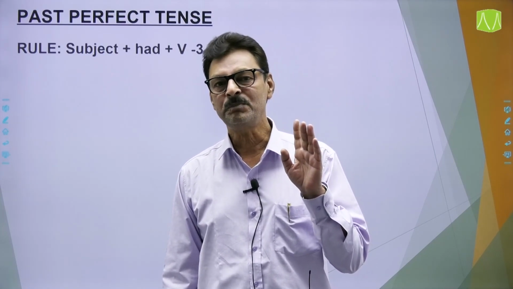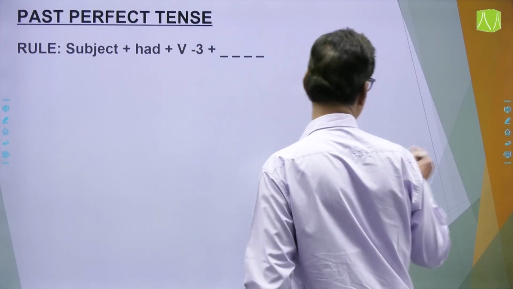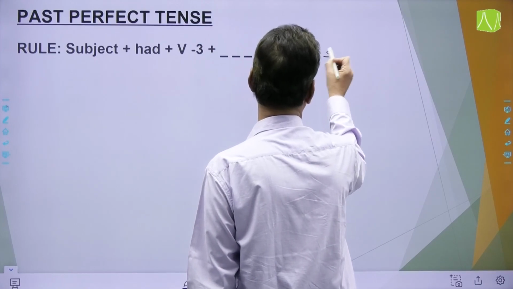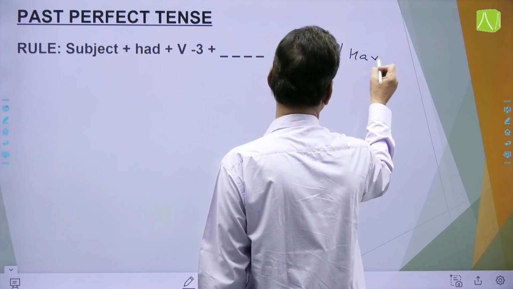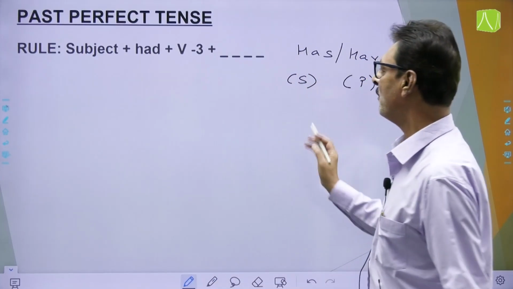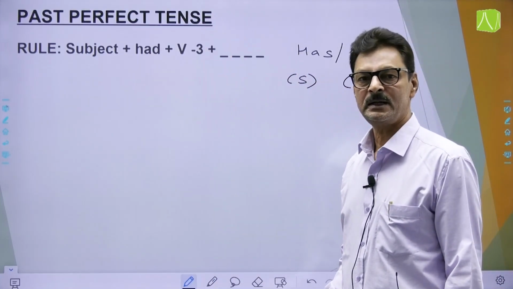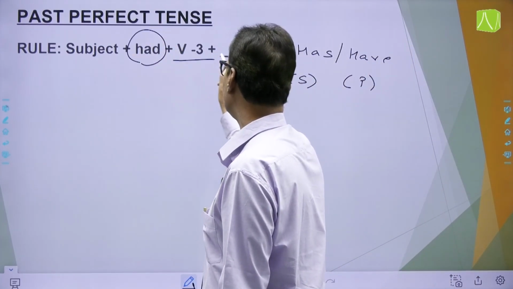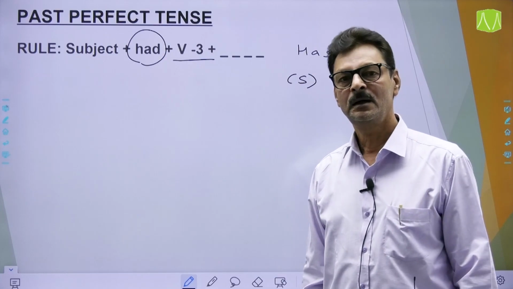In present perfect the helping verbs were has and have. Has we used for singulars and have we used for plurals. But over here in past perfect tense, what are the helping verbs? There is only one helping verb, that is had, followed by the third form of the verb.